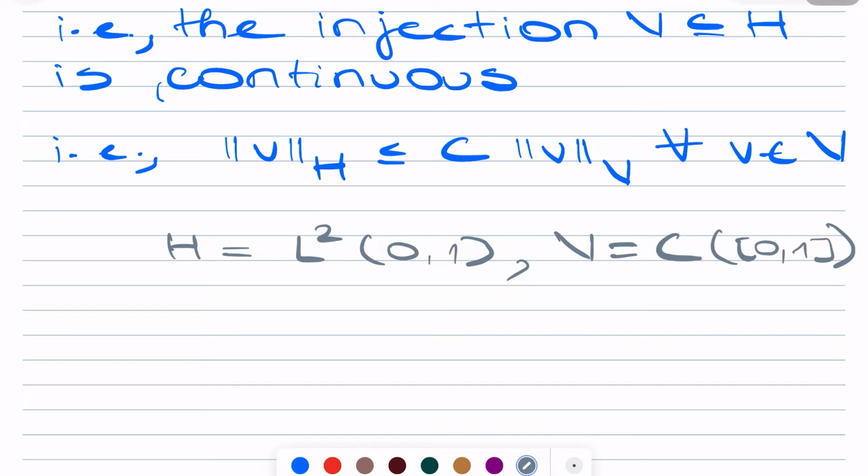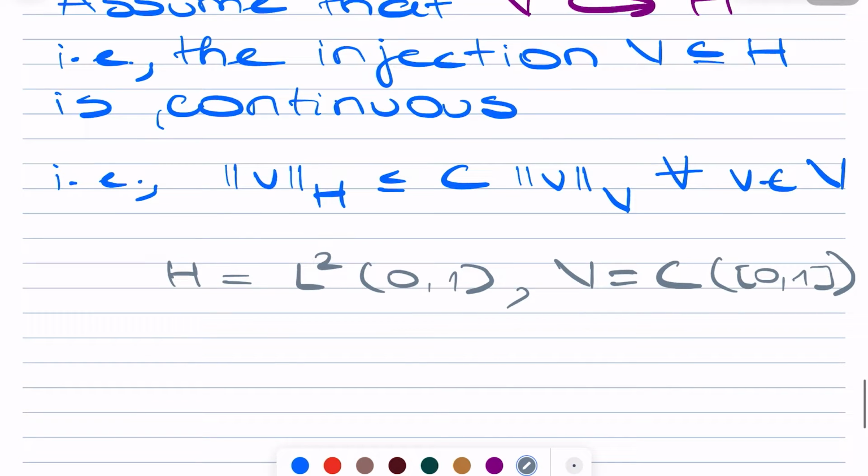This is actually a typical example of a Hilbert space and a subspace V. We saw that V is dense in H, V is a linear subspace, and the injection is continuous. So this would be a typical example.